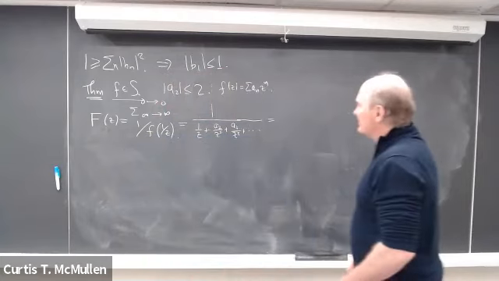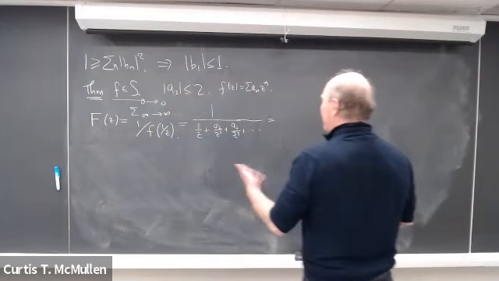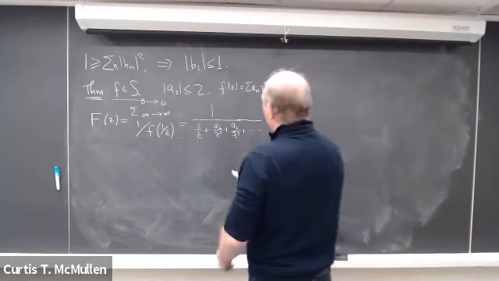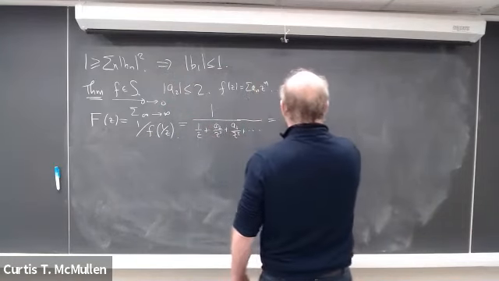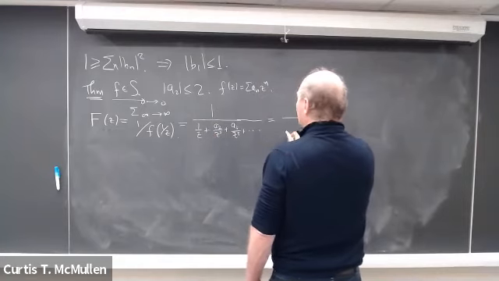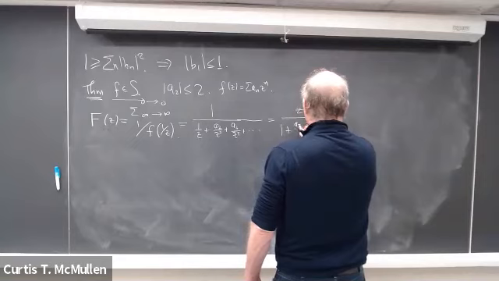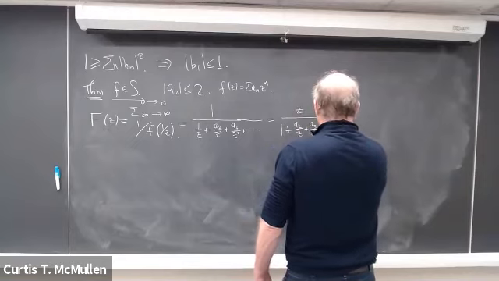And we want to make this look like the functions in sigma. It should have a Laurent series about infinity. So how can we do that? Well, let's multiply the top and the bottom by z. So we get z over 1 plus a2 over z plus a3 over z squared, and so on.